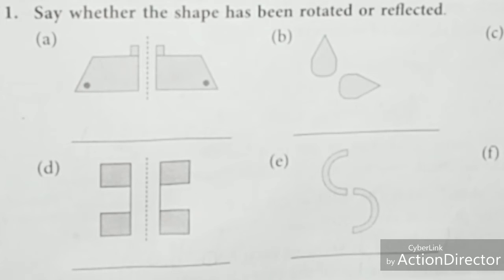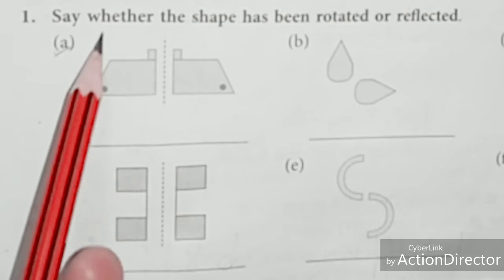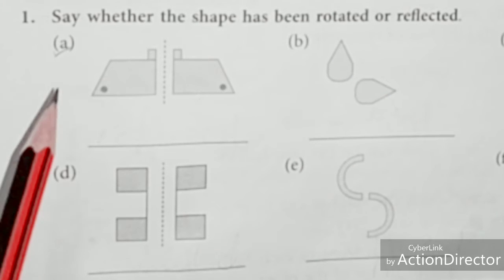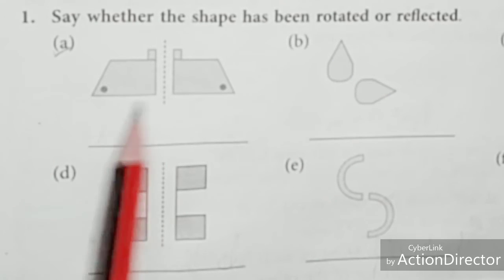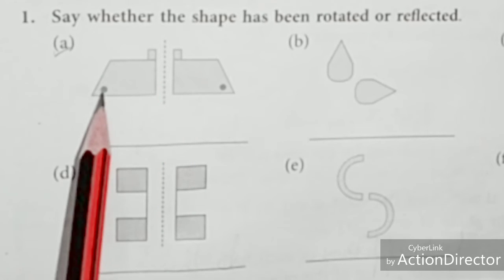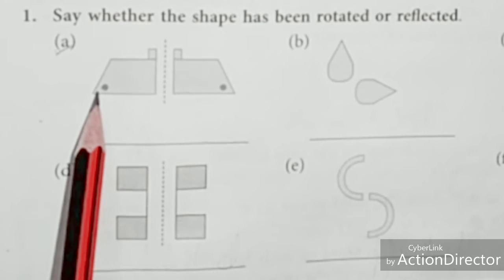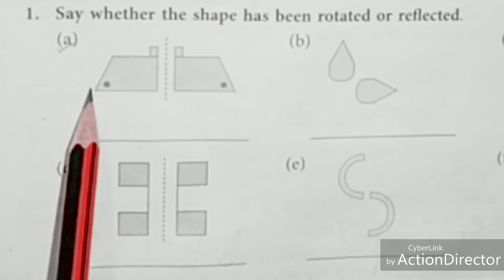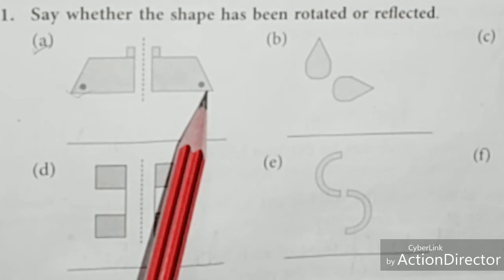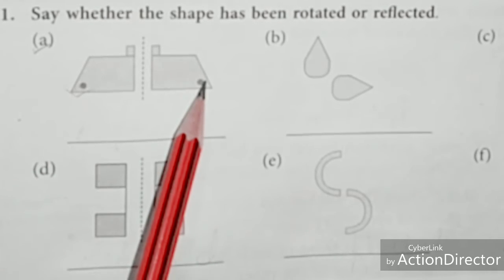Now students, here we will solve some examples related to rotation and reflection of figures. Say whether the shape has been rotated or reflected. The first example: here we see two images, and in the first image the point A on the left hand side, on the other side of the mirror line, shifts to the right hand side.